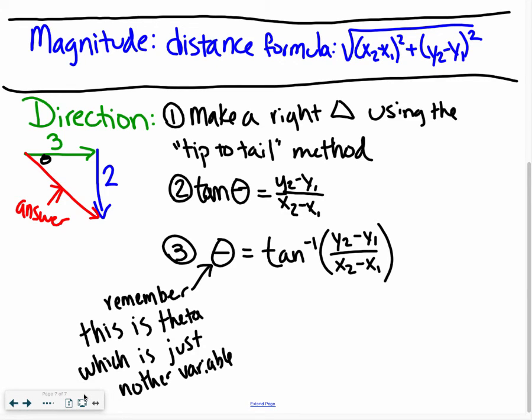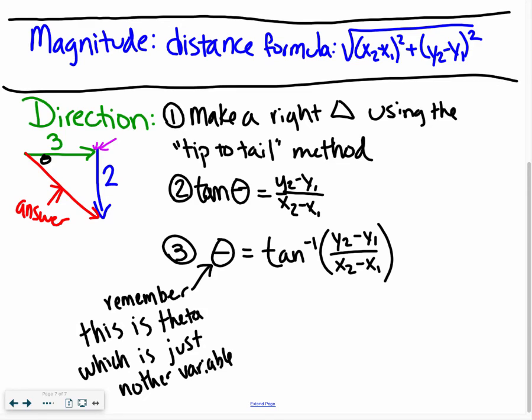So our direction is, first, try to make a right triangle using the tip to tail method. So as you can see in the drawing, I took the tip of the green arrow and put it to the tail of the blue arrow. Okay?